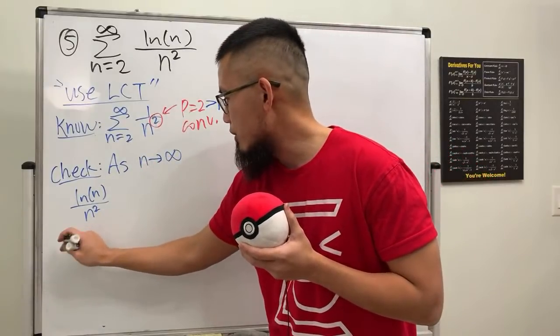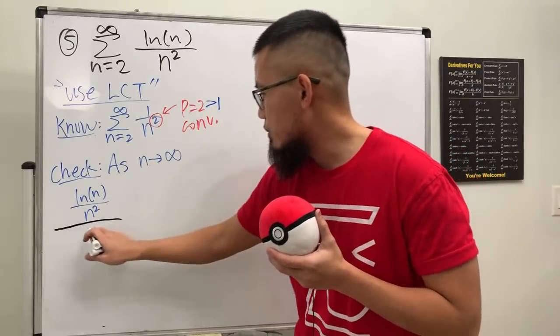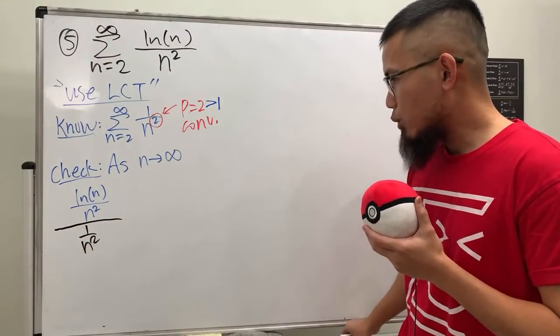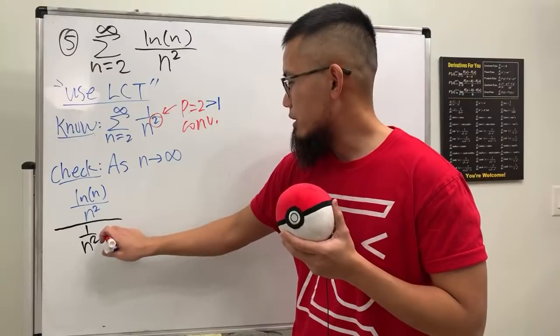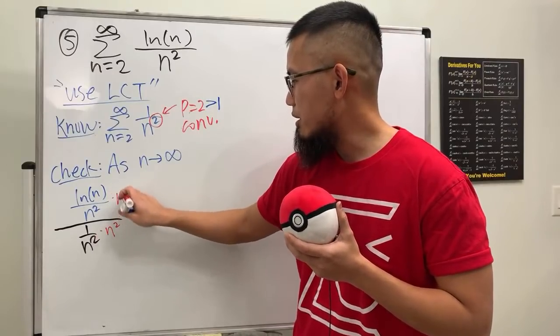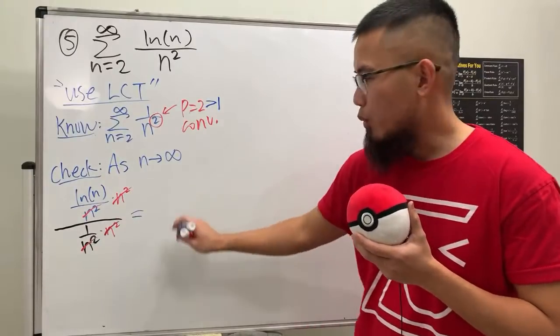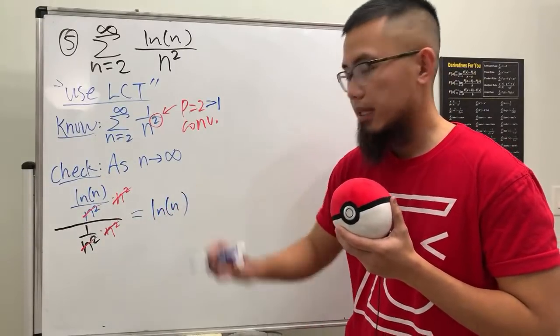So divided by bn, which is just 1 over n squared. Let's see what will happen. Well, you can just clean up the denominators, and you do the algebra, you end up with ln n.